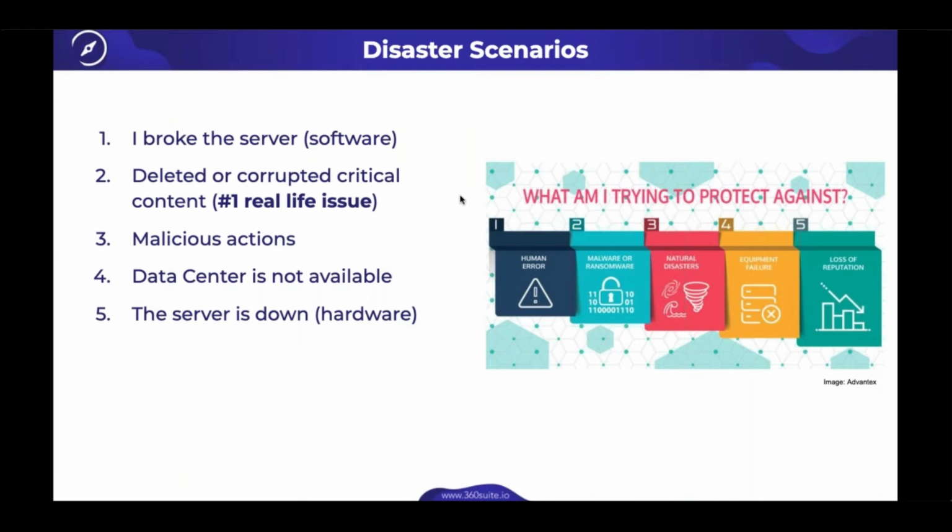And then maybe the server's down, maybe there's a hardware failure or disk failure. That's probably more with physical servers than with VMs, if you still have those. But these are all the scenarios that we or our customers have encountered.